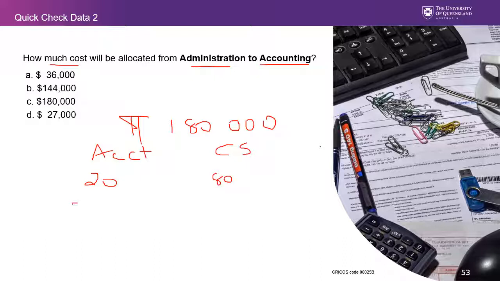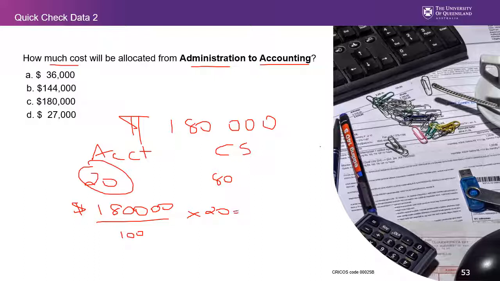So to allocate, what we do is we take the 180,000 divided by the total personnel of 100, and if we want to know for accounting how much we're going to allocate, we times that by 20.